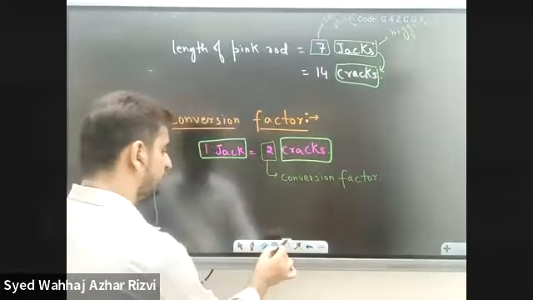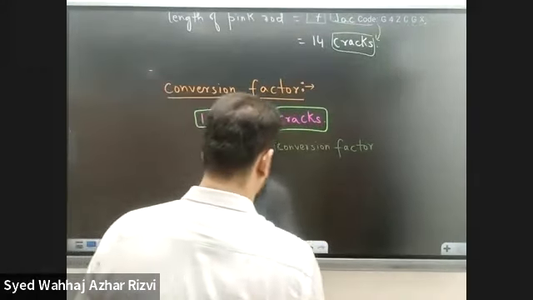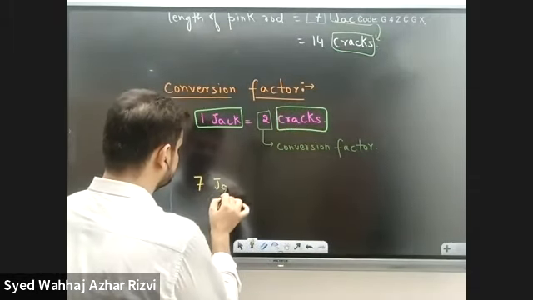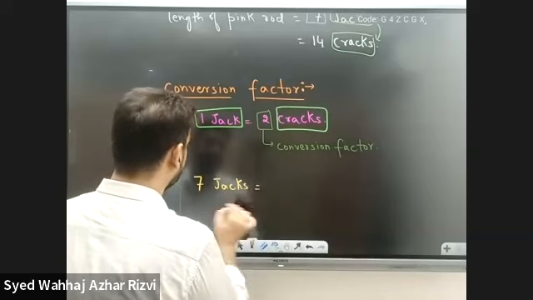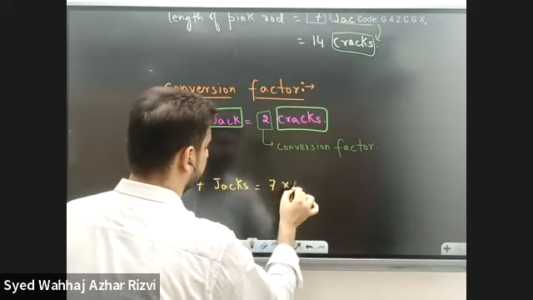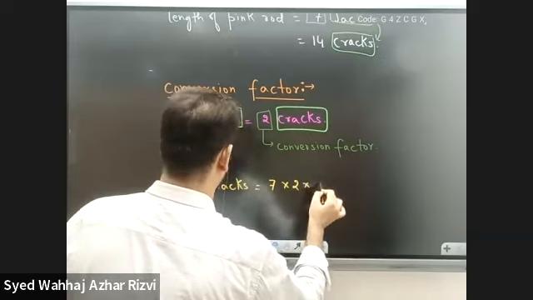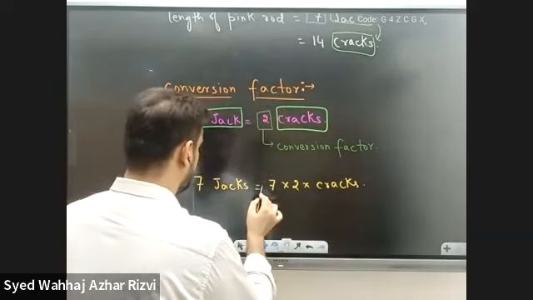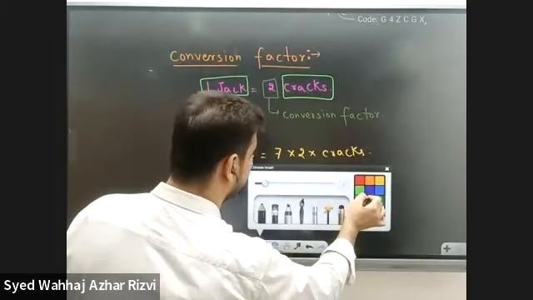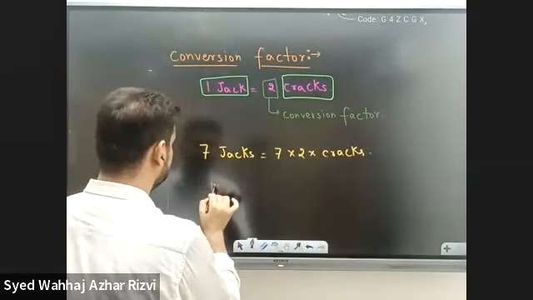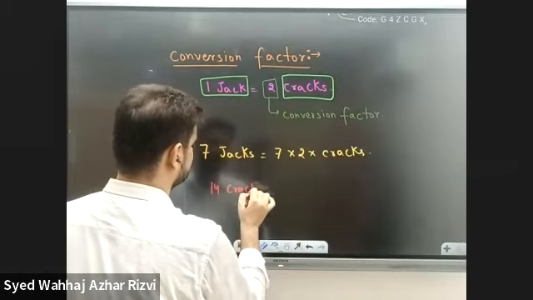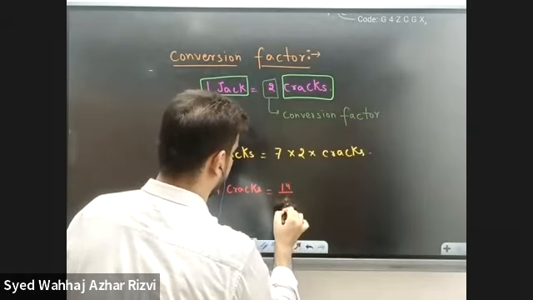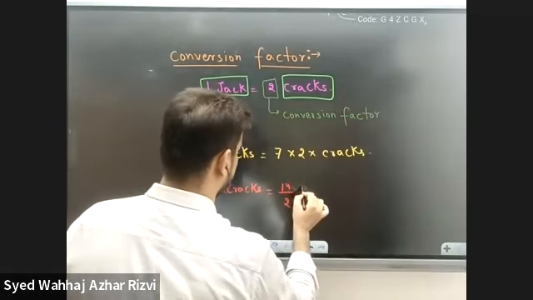Let's say we have 7 jacks, we can multiply 7 by 2 to get the number of cracks. Or if we have 14 cracks, we can divide 14 by 2. We get jacks.